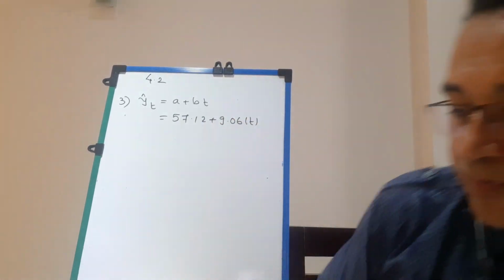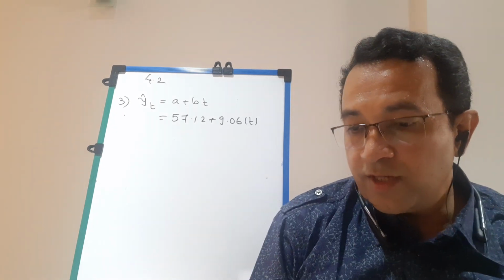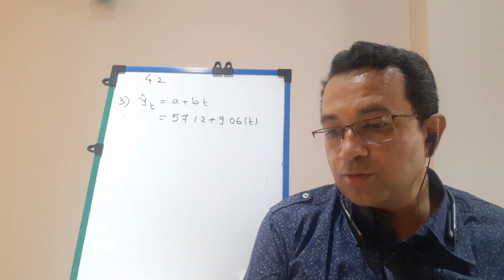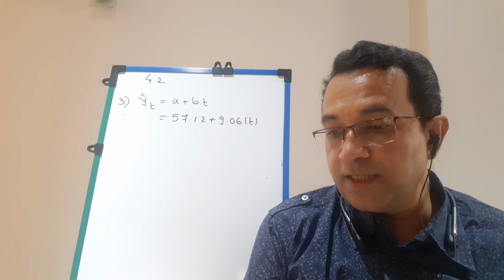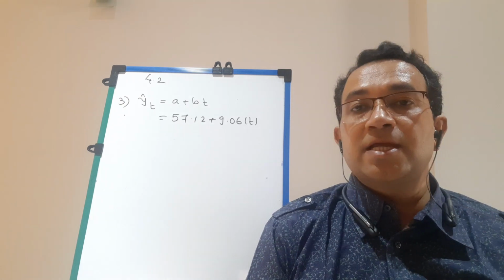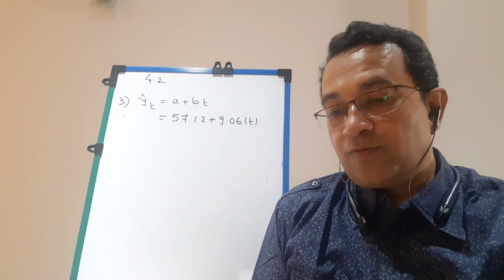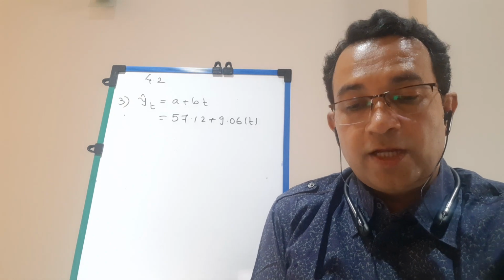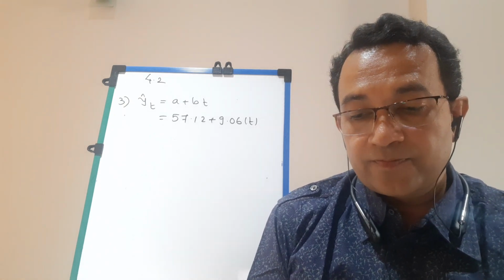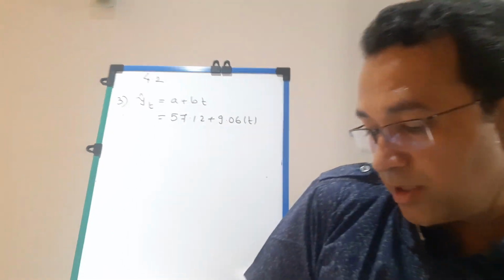Students, this is our answer. Now students, we are told to estimate for 2016 and 17. Now 2015 is 6, so 16 and 17 will be 7 and 8. So for the estimates, we have to write, when t is equal to 7, what is the answer, and when t is equal to 8, what is the answer.